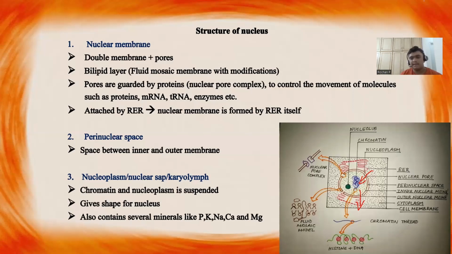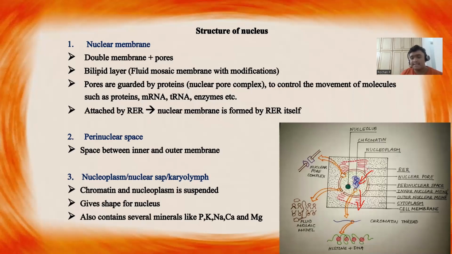If the nucleus needs that enzyme, then it is going to tell the nuclear pore complex to open the door and the enzyme is going to get in. Any material, not only enzyme, can be mRNA, tRNA, other proteins, etc. Similarly, we saw that DNA, the chromatin, is present here, right? The chromatin also should not escape out. To prevent that, these doorways are present, which are called the nuclear pore complex.